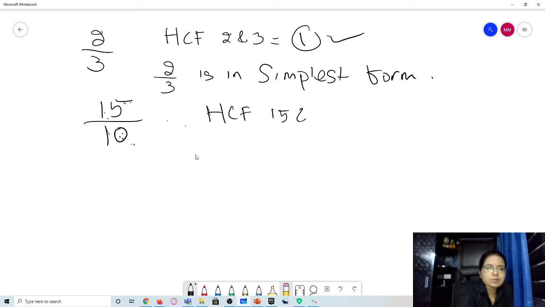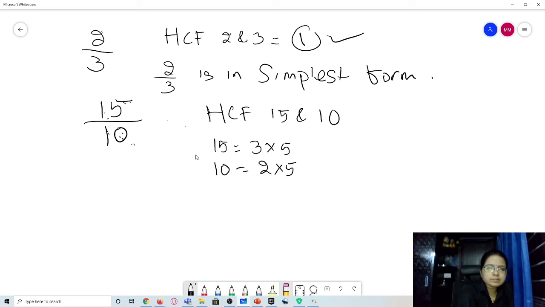The prime factorization of 15 is 3 multiplied with 5, and the prime factorization of 10 is 2 multiplied with 5. So the common factor between 15 and 10 is 5, which is the highest common factor of 15 and 10.